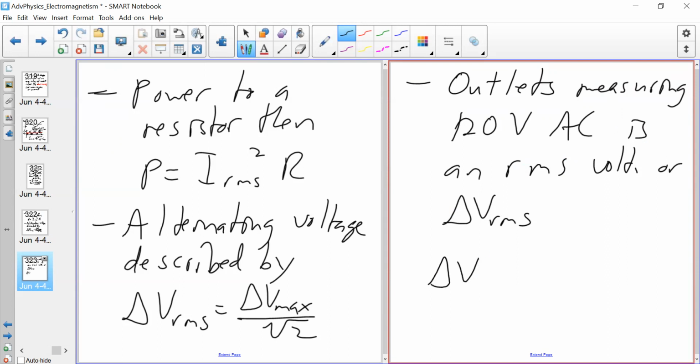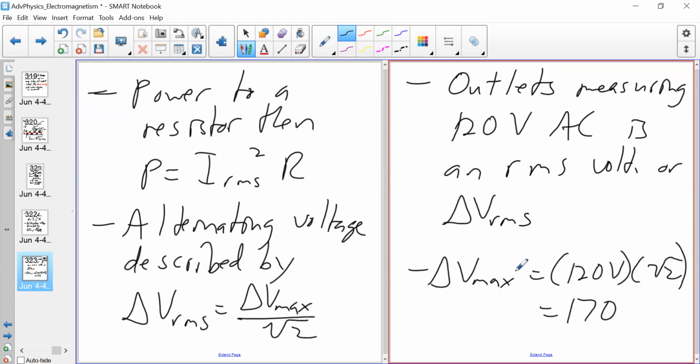Therefore, the maximum voltage is 120 volts times rad 2. So the maximum on a sinusoidal curve is actually 170 volts. But again, that averages out to be nothing. We're not going to design our instruments to use the max, we look at the RMS. So we're basically using a part of that voltage, the RMS, so that stuff can work.